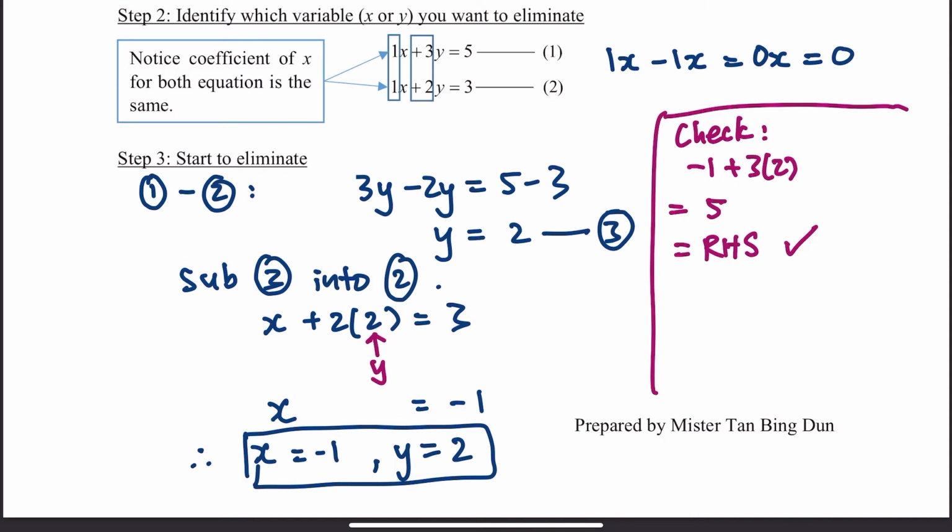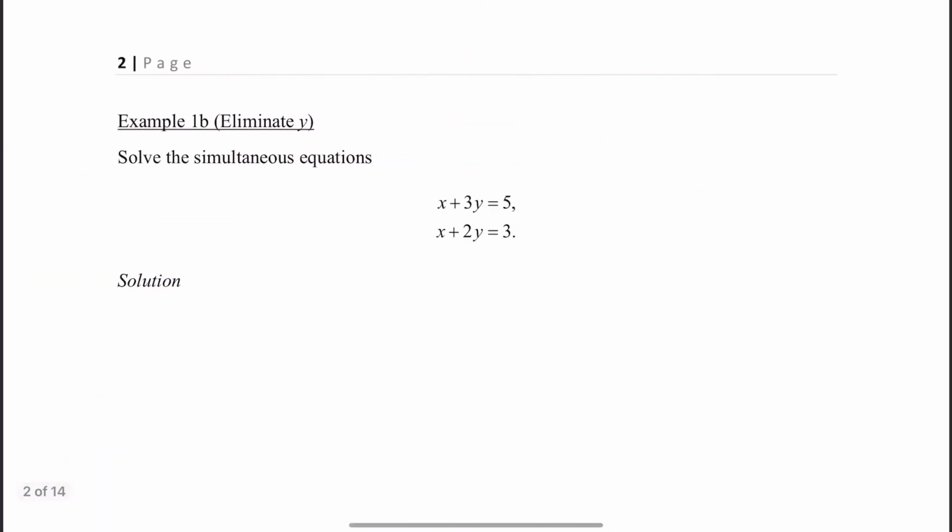Now in example 1b, I'm going to stay with the same pair of simultaneous equations, but remember I said you can actually remove variable y, and I'm going to show to you how. So although it's straightforward to remove x, but let us see what we can do to remove y.